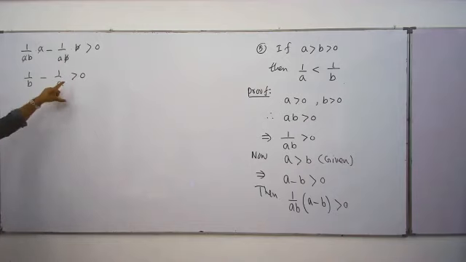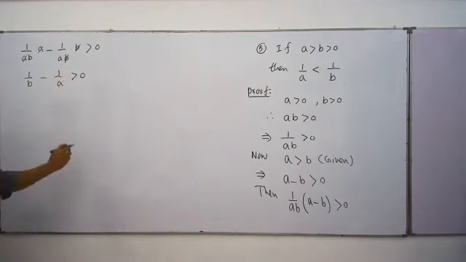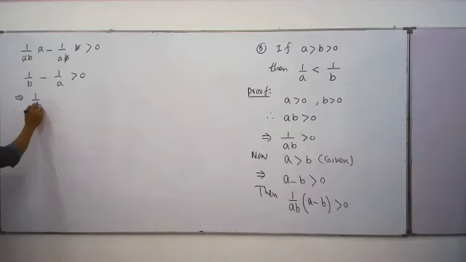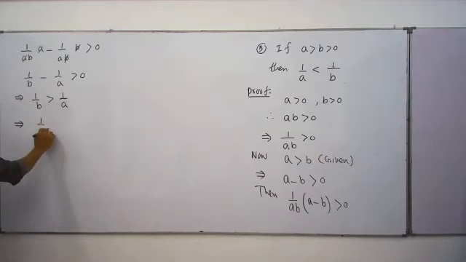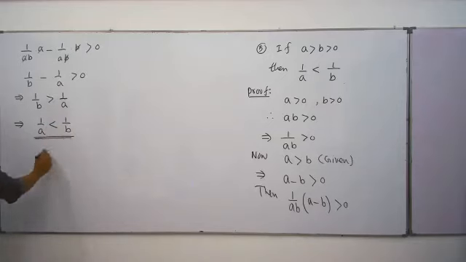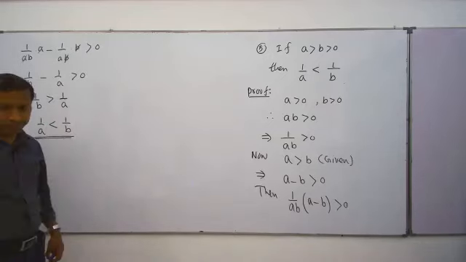That is, 1 upon B should be greater than 1 upon A. This implies 1 upon B greater than 1 upon A. This means 1 upon A smaller than 1 upon B. This implies the required result: 1 upon A smaller than 1 upon B. This is how we prove that result.